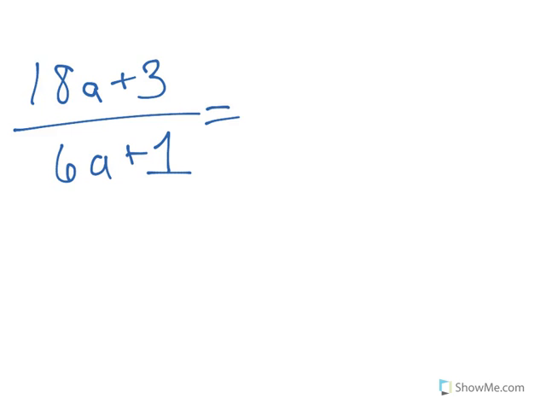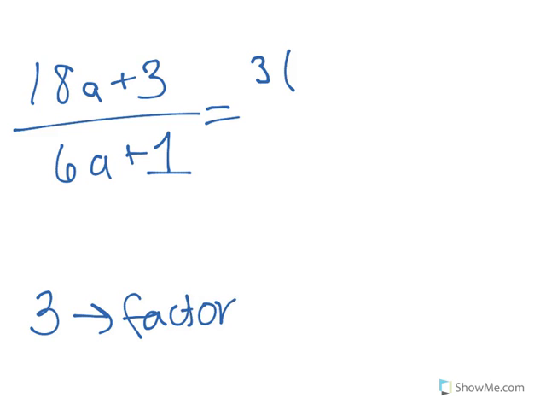So we would do exactly the same thing we did in the previous example, but now we have variables, but the concept is exactly the same. So what we will do is factor out the top, and you know that you can factor out a 3 because 3 is a factor of all the coefficients.